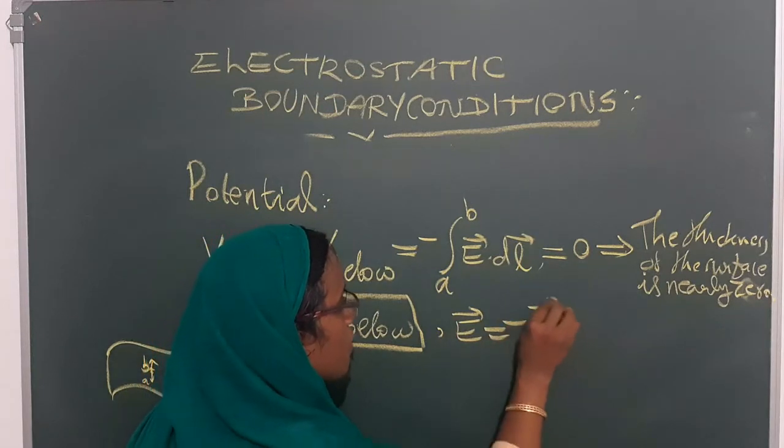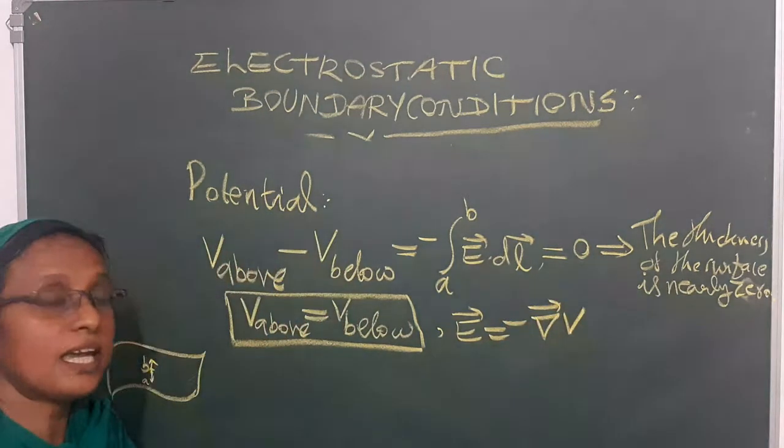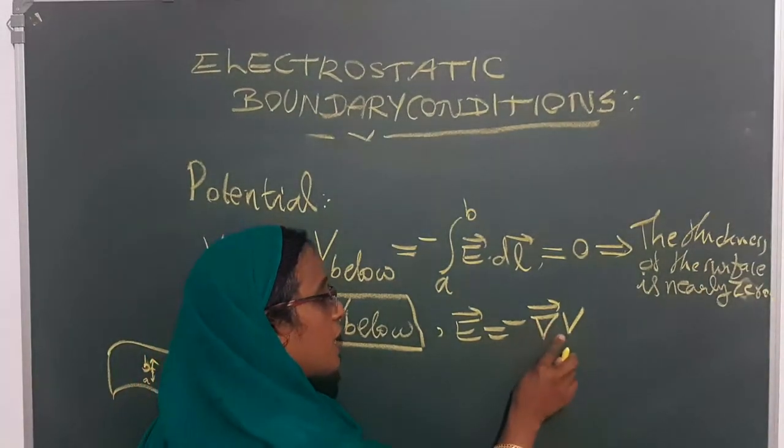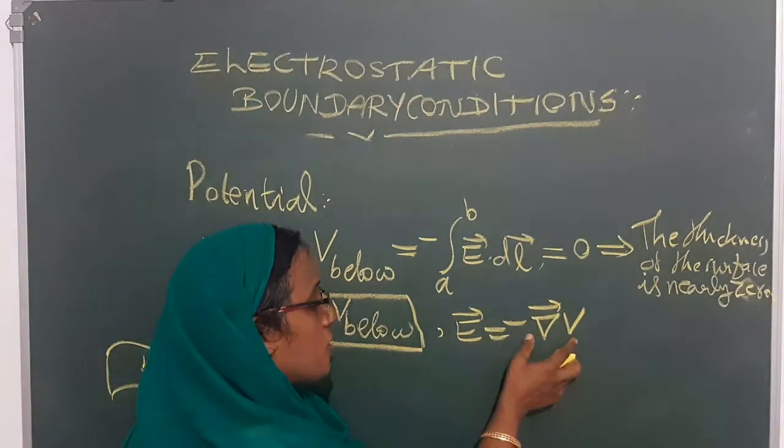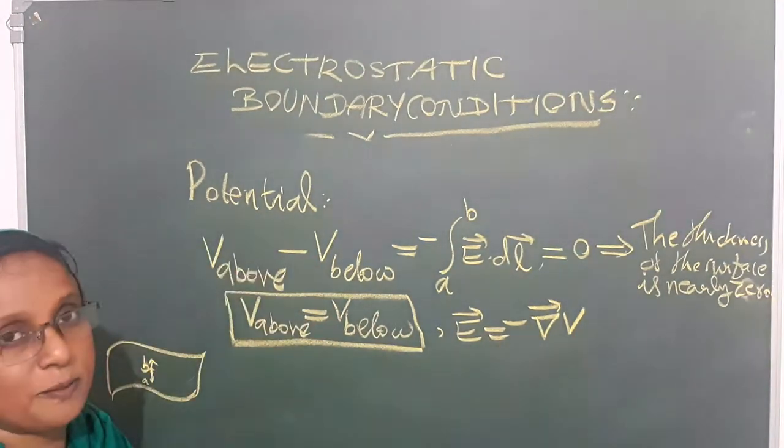But you know that the electric field equals minus grad V. We already proved it: for electrostatics, E equals the negative gradient of potential. So this holds for the electric field again.